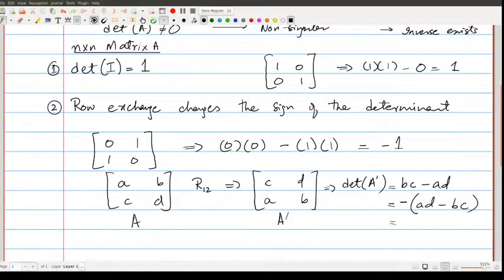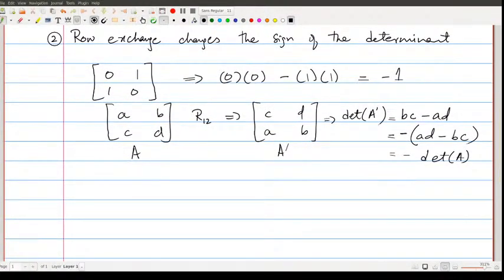So that's just negative times the determinant of the original matrix. Okay, so the original matrix has AD minus BC, and the row exchange matrix has the same determinant but with a different sign. So that's the second property.